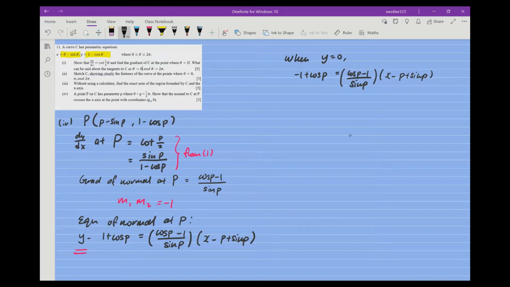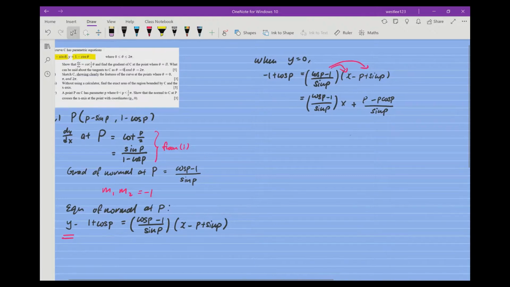Then the next step, we can open up the bracket. Okay, so I'm going to multiply this into the bracket. Plus k plus p minus p cosine p over sine p plus cosine p minus 1.